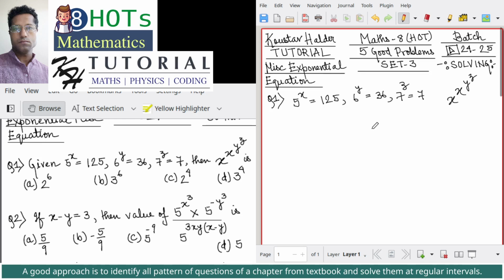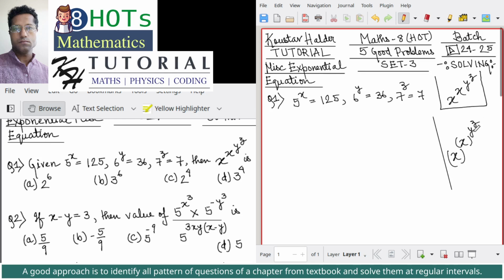Now, first of all, what is this expression? What is this exponential term? It is very crucial that you understand what exactly it means. It means the base x is raised to the power, and that power is again an exponential term, where the base is x and x is raised to the power, and that power is again an exponential term where the base is y and the power is z.